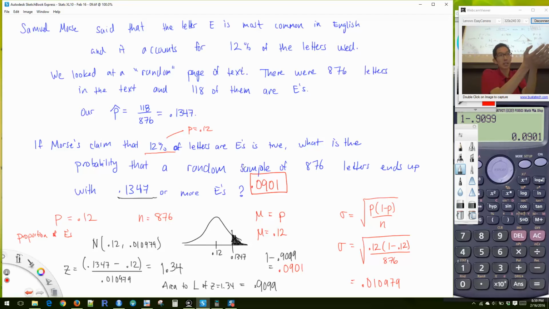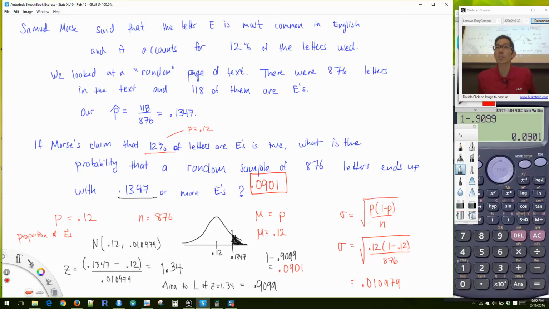If 12% of the letters in that vat are E's, I should get something around 12% E's when I pick 876. Maybe I get more, maybe I get less. The question is, what's the probability that I get basically 13.5%, or 0.1347, E's in this metaphysical bucket of letters? Well, if 12% of the letters are E, this is going to happen 9% of the time. Does that make sense?